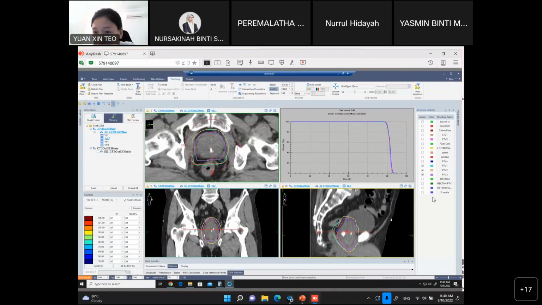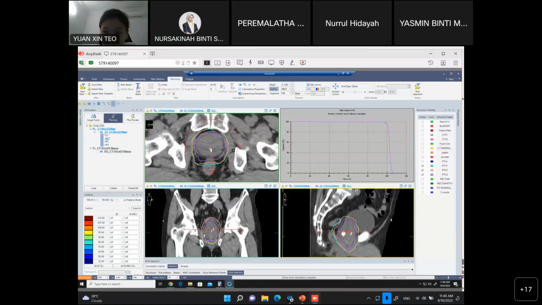There are 3 dose volumes on our PTV, but in the end, the doctor wants to treat this patient with 55 gray over 20 fractions. It means my PTV 1, the blue color, is my final target volume.